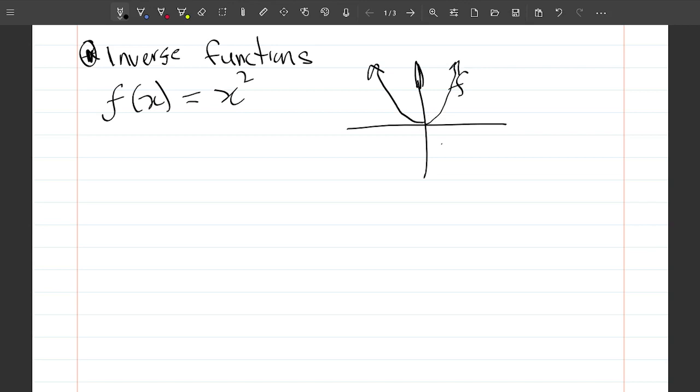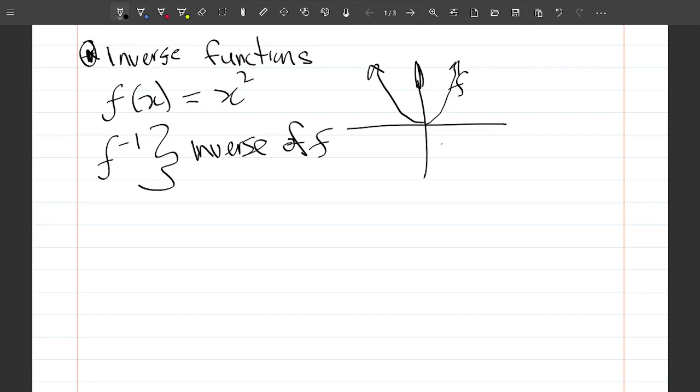In your question paper, they can literally tell you to find the inverse, or they can tell you to find f negative 1. That power of negative 1 doesn't mean go to x and put it as x to the negative 1. That's not what it means. What it means is find the inverse. This just means the inverse of f.